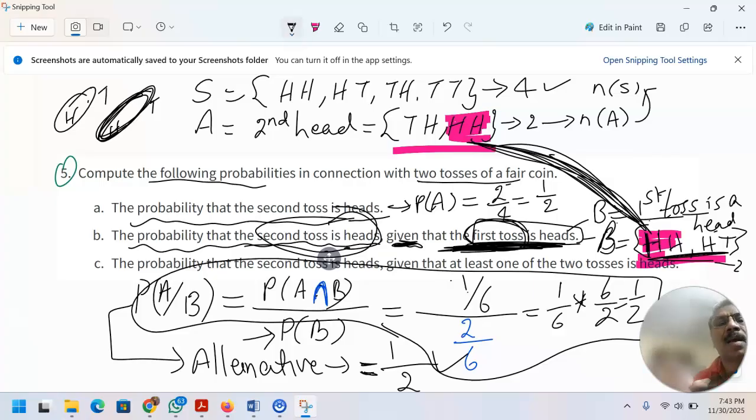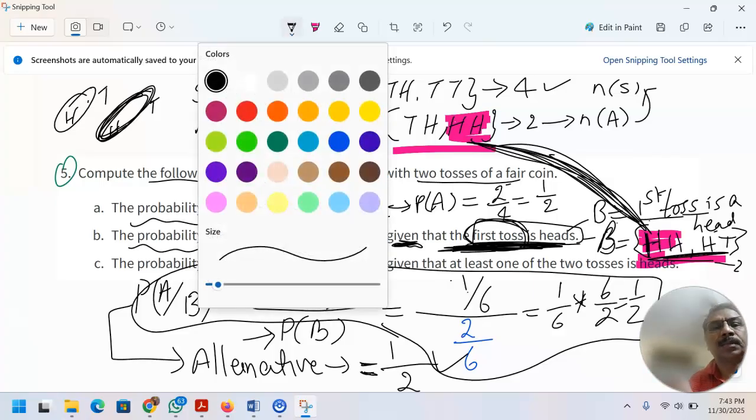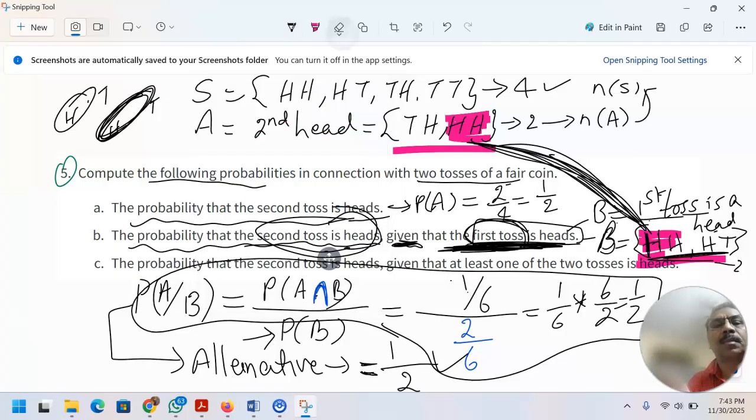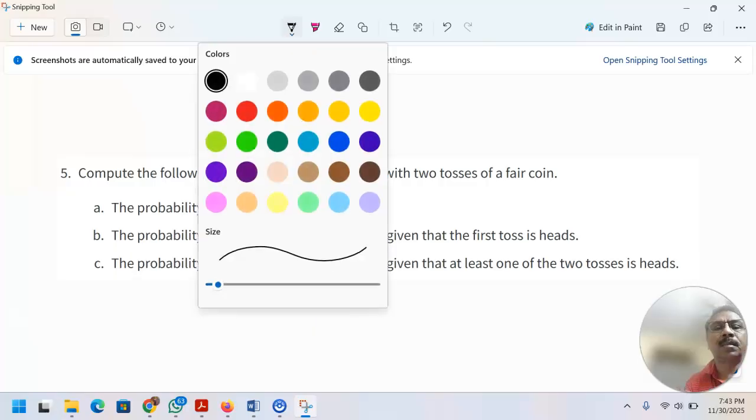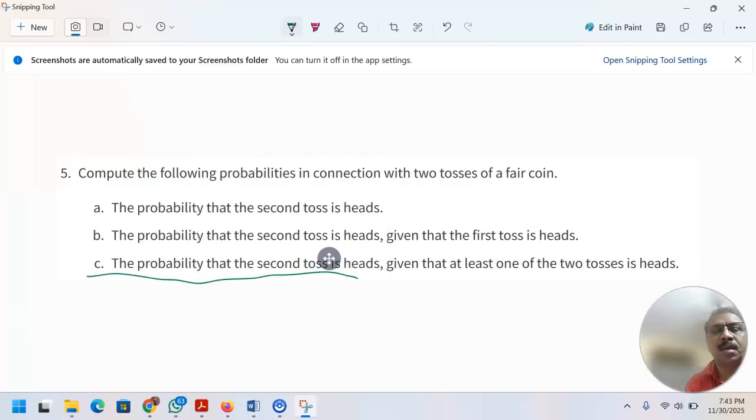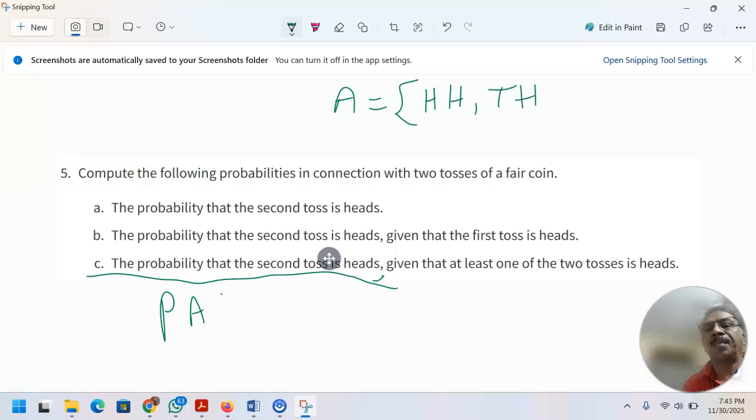Let's do the second part. C is the second head. So you want to know the probability that, remember, A is the second one head, either HH or TH. Now the probability of this, when you know that at least one of the two tosses is head.